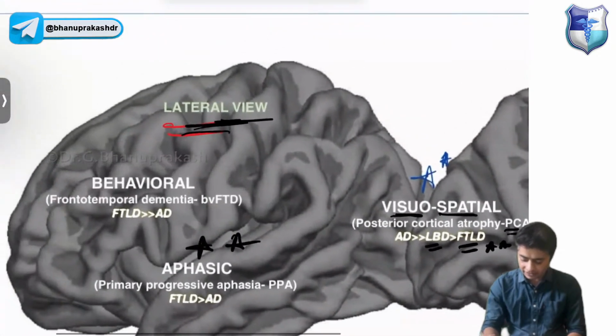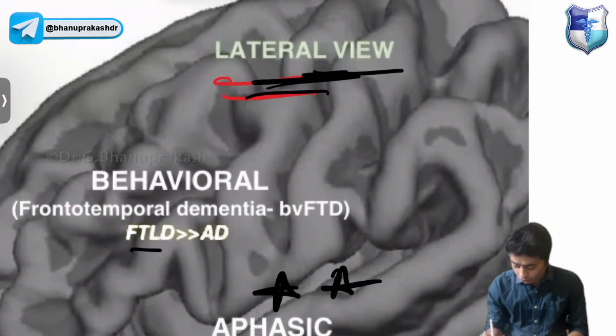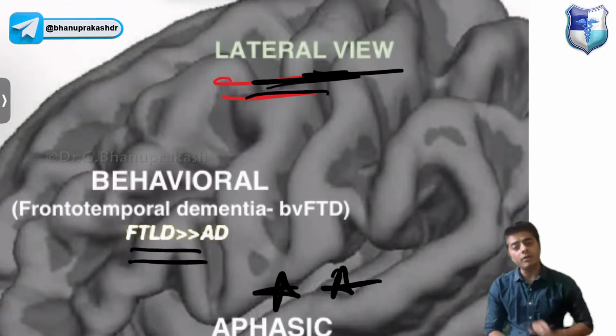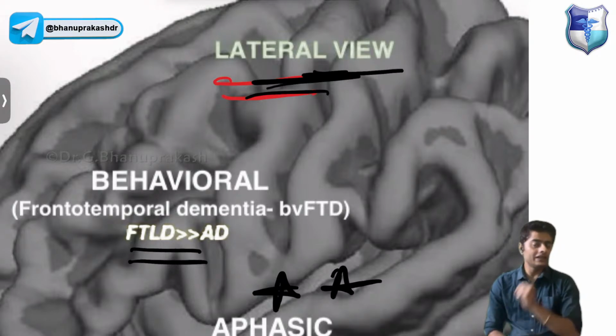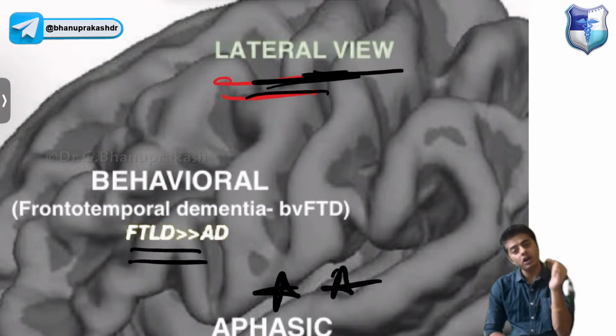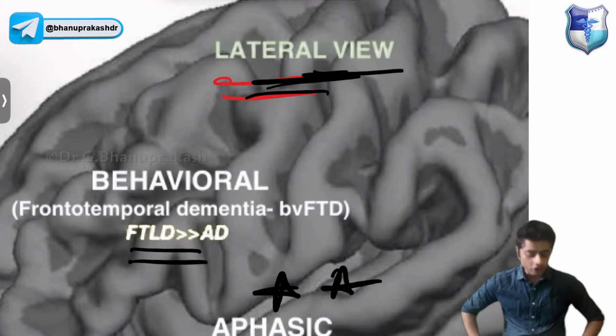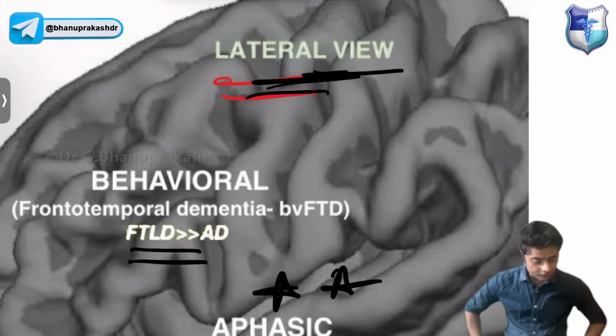Then is your behavior. We all know behavior is all about the prefrontal cortex, controlled by your frontal lobe. And in FTLD, the first damage is to the frontal lobe. That's why you will get behavioral symptoms first in frontotemporal lobe dementia as compared to Alzheimer disease.